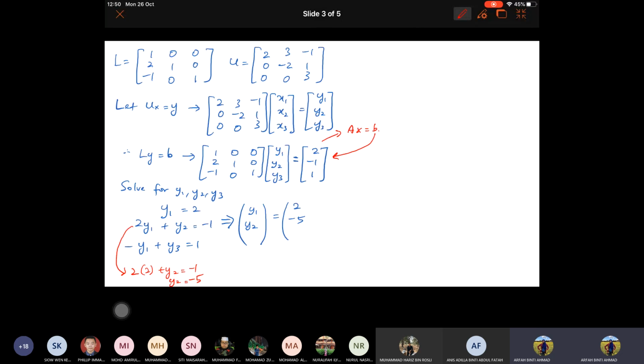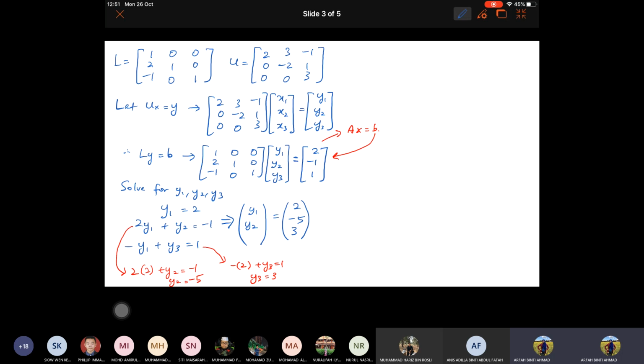Then you have this one, negatif Y1, negatif 2 tambah Y3 sama dengan 1. So Y3 sama dengan 3. So dapat ini adalah nilai Y awak. 2, negatif 5 dan juga 3. Okay. So dah dapat Y1, Y2, Y3.